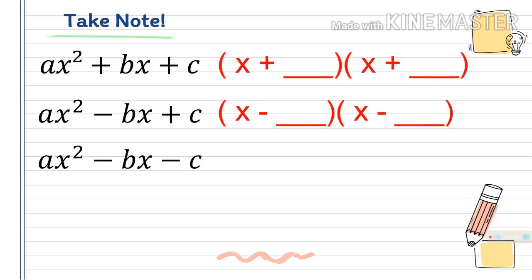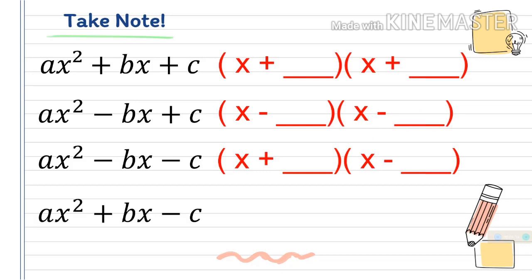While if you are given ax squared minus bx minus c, where both the middle term and the last term are negative, your binomial factors will be one positive and one negative, in the form x plus blank times x minus blank. If you are given a negative middle term like this, you are going to write the number with greater absolute value on the negative binomial factor.